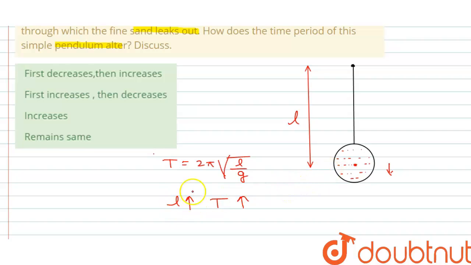Then initially length will increase, with that time period will also increase, but after some time length will start to decrease and then time period will also decrease, and finally the center of mass comes back to its initial position when this sphere is empty, because center of mass of this sphere is at the center point. So correct option is first increase and then decrease.